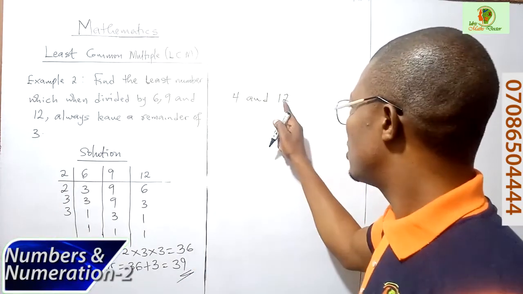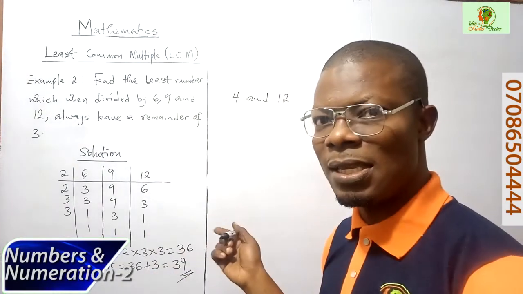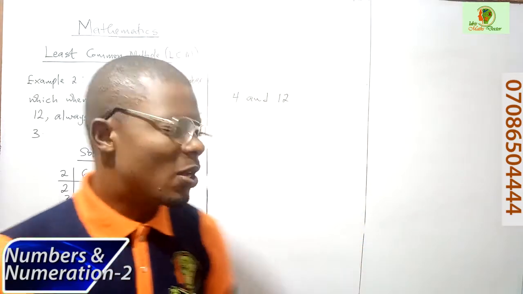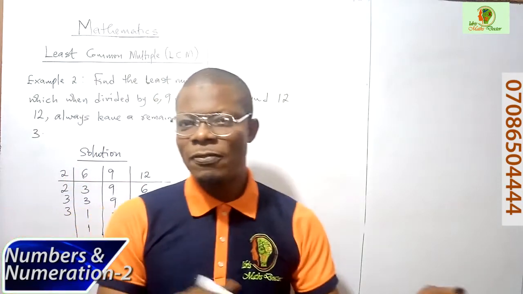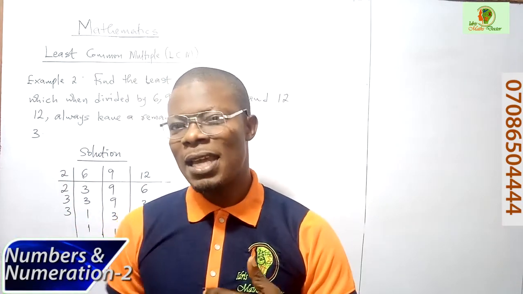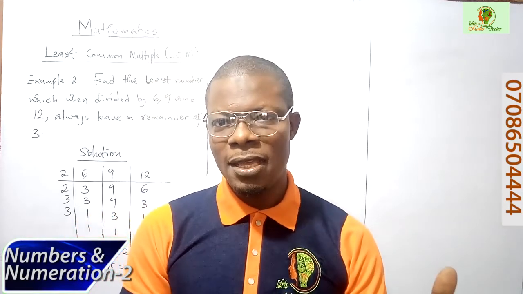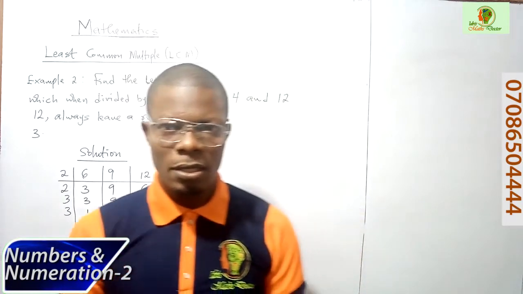So you see that the highest happens to be the LCM in this case. Some students, because the LCM of 3 and 5 is 15, have it in mind that whenever they are asked to find the LCM, all they do is multiply. No, it is wrong.